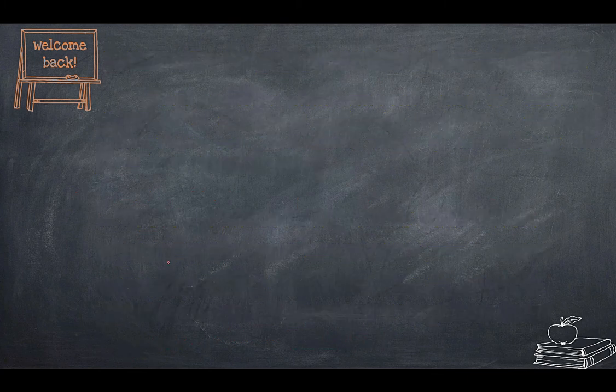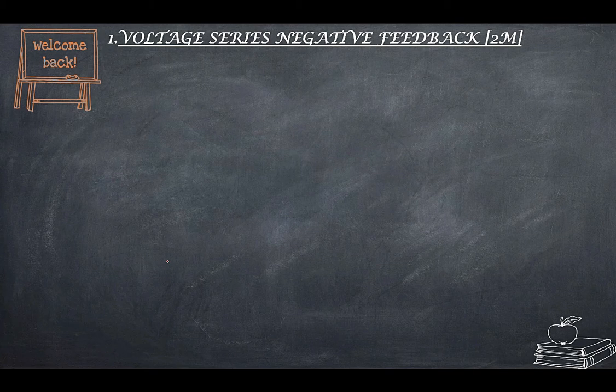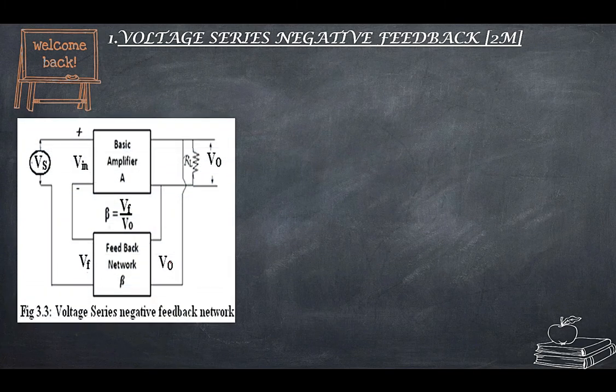So first one, voltage series negative feedback. Here you can observe this is the basic amplifier. In this basic amplifier there is a feedback network also given. What I need to see is voltage.